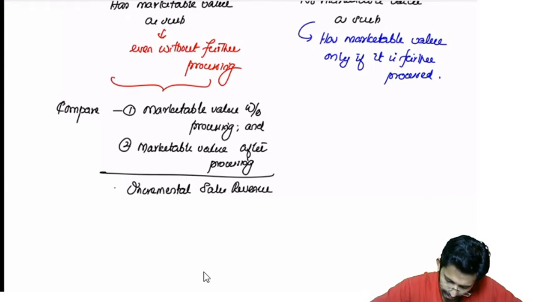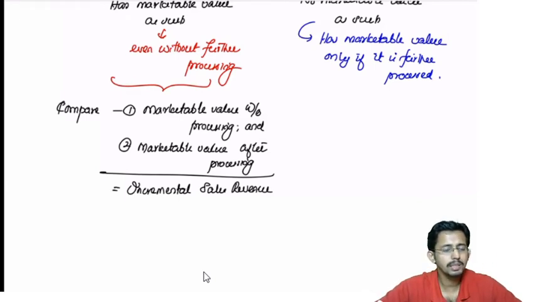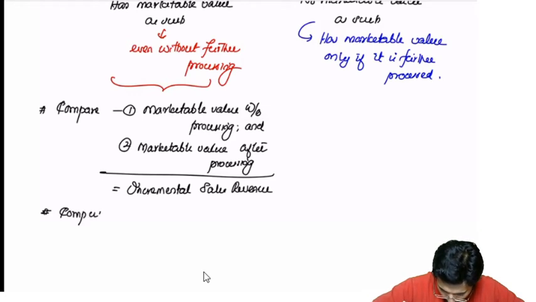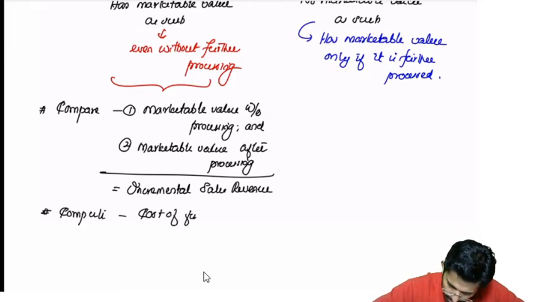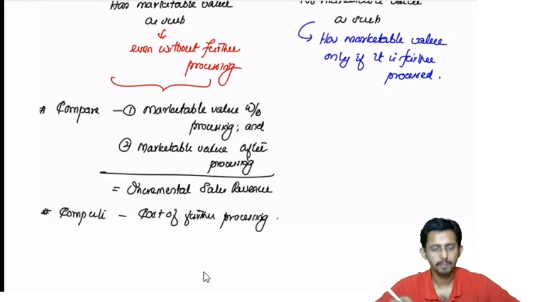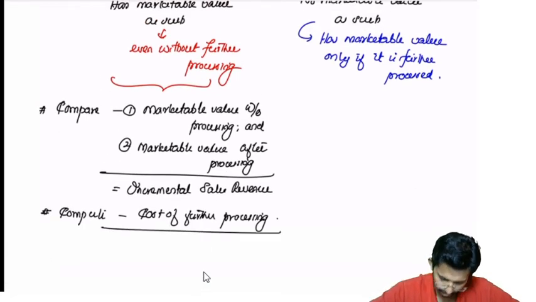So this is nothing but the incremental sales value. Now this incremental sales value should be compared with the cost of further processing.